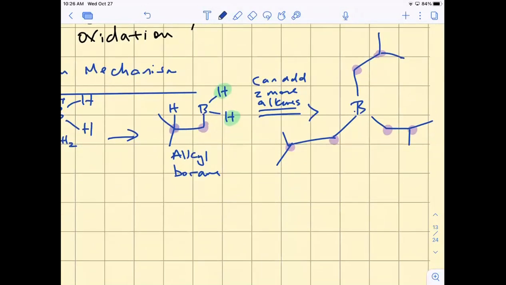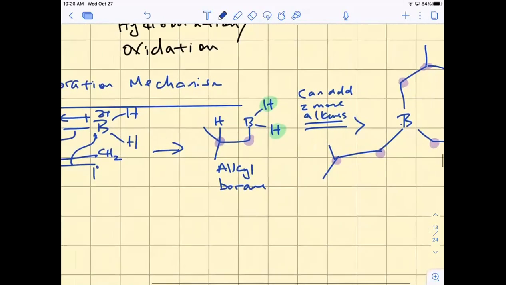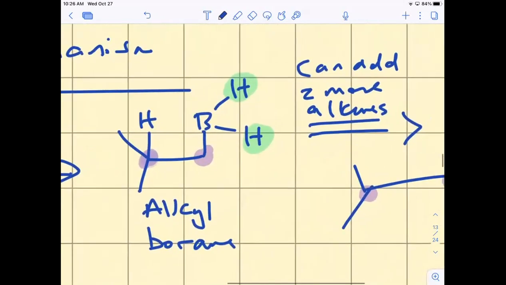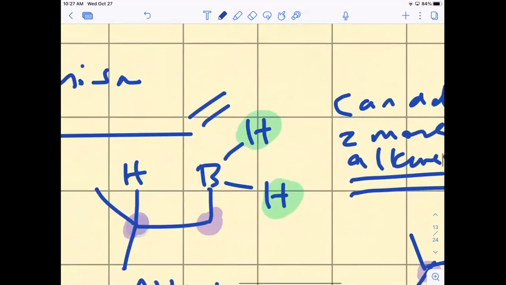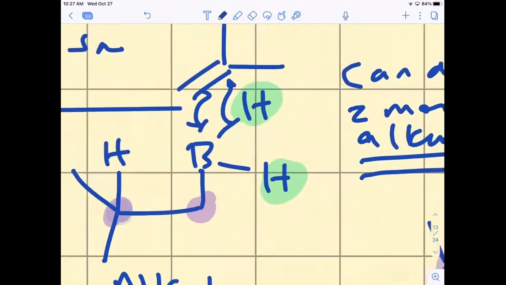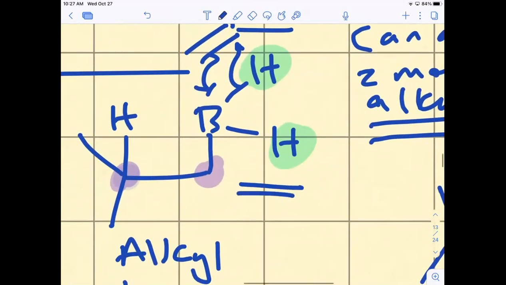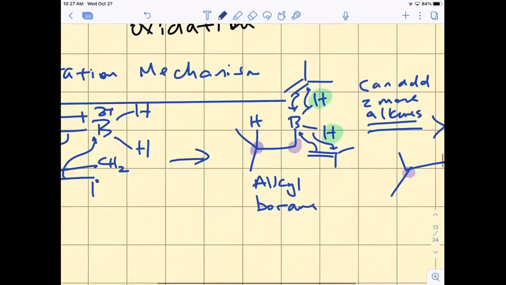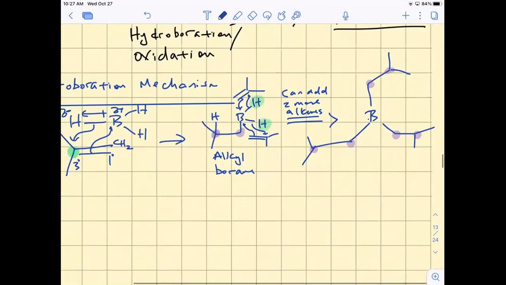You can see here if I add 1 alkene, I still have 2 hydrides on boron. So I can take that and bring in another alkene that's going to do the exact same thing, add here and then add here. And I can do the same thing down here, where I can add here and then here like that. So I can add 3 alkenes to that.